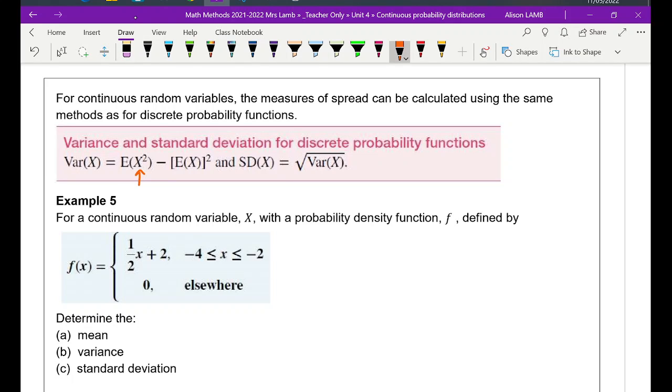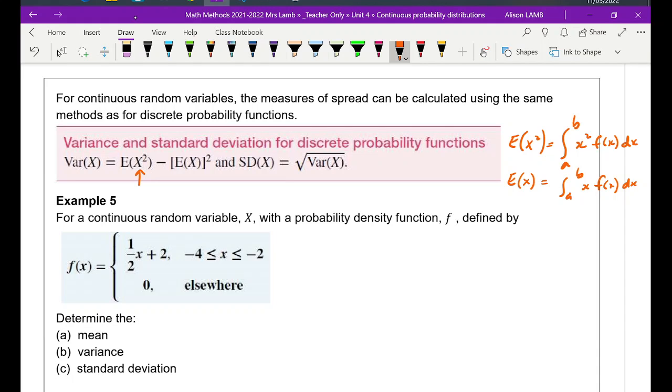I could write that the expected value of x squared will be equal to the integral, again from a to b, but this time of x squared f of x. Just like the expected value of x is a to b of x times f of x, if it's the expected value of x squared, we have to square our x and multiply it by f of x.